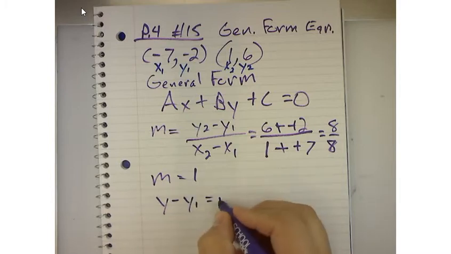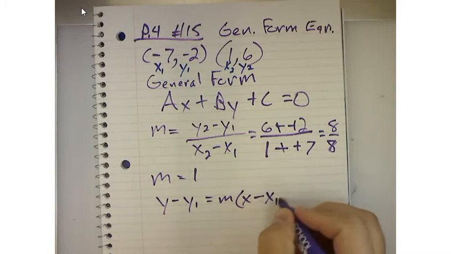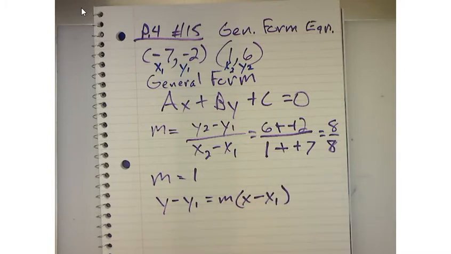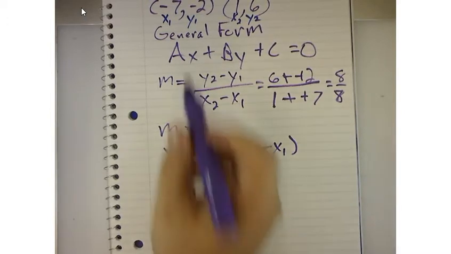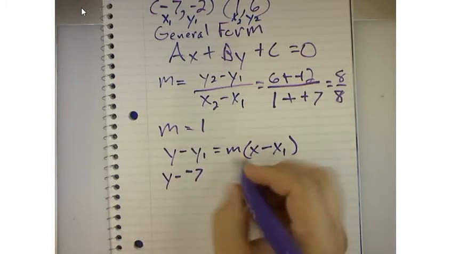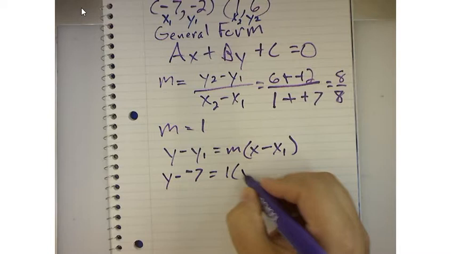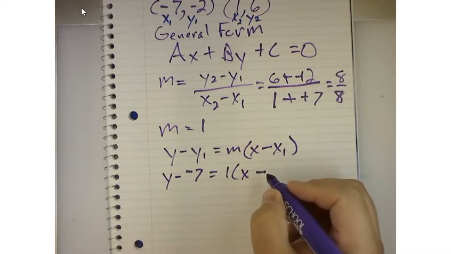All right, cool. So now if I do the point slope form, which is y minus y sub 1 is equal to m times the quantity x minus x sub 1, I'll get an equation. And so I'm going to do that, y minus y sub 1, but we know that y sub 1 is -7. So we're going to say -7 is equal to 1 times the quantity x minus x sub, oh wait, y is not -7.